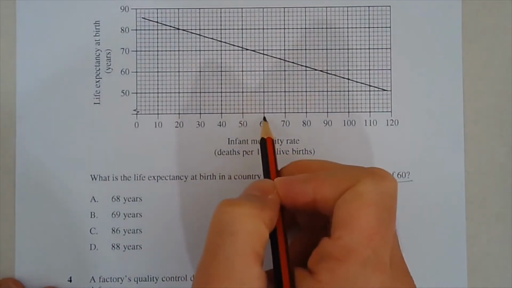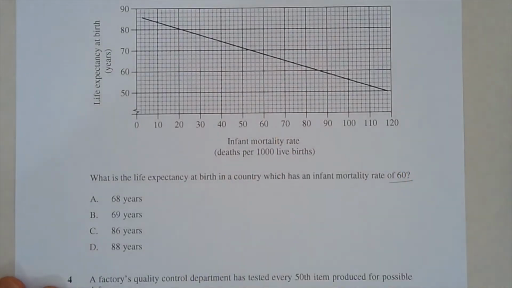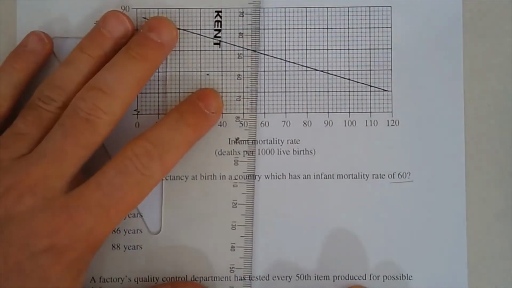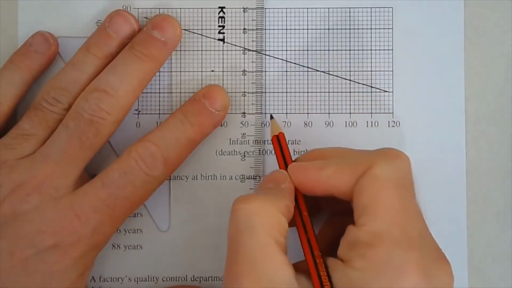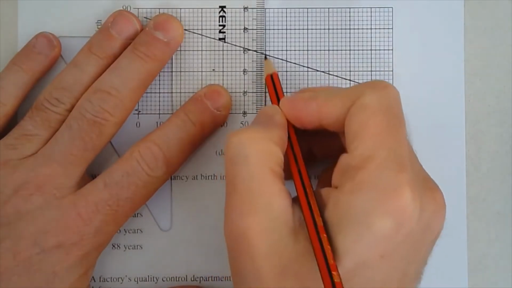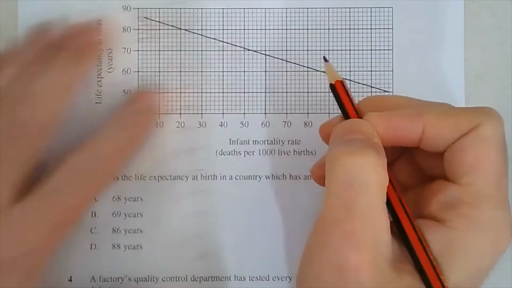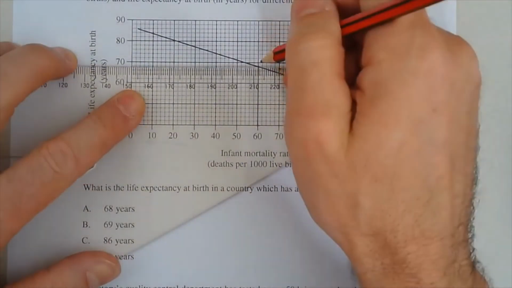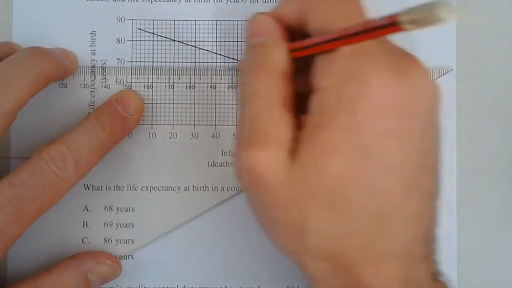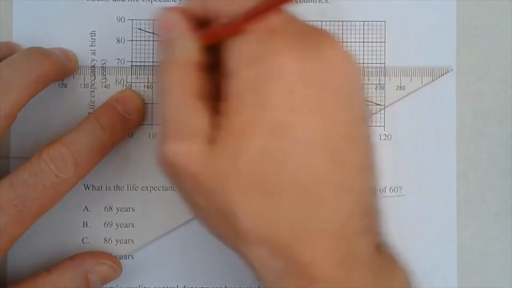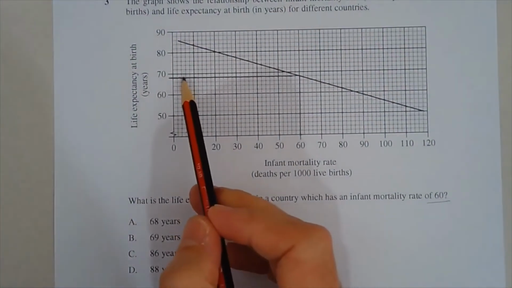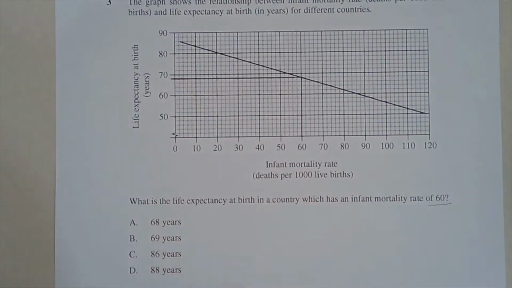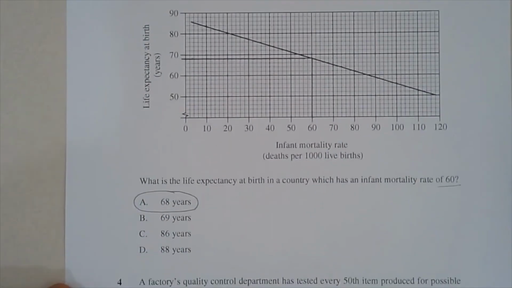We find where 60 is, which is here. What we do is get a ruler, project up until it touches the line, and then we project across to the y-axis. And that value there looks like 68. Answer A.